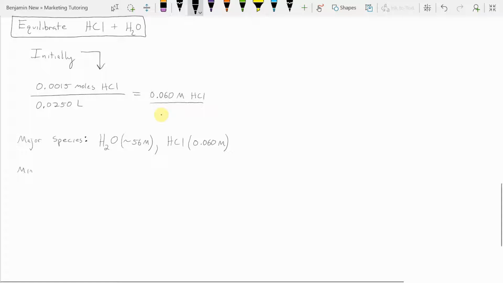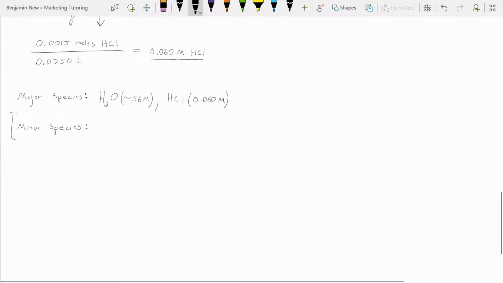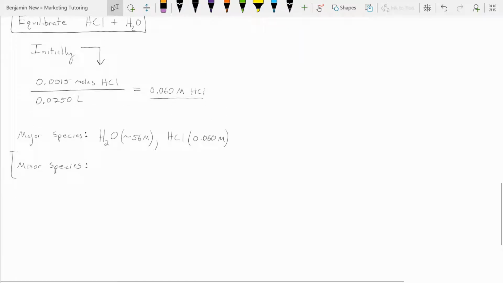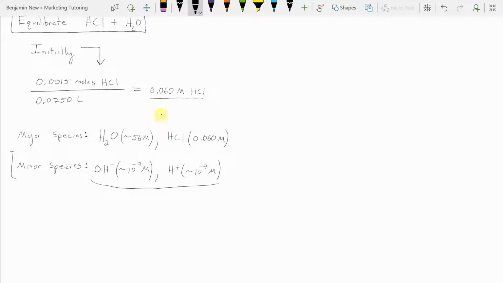Now, the minor species, I'll just put this in brackets. It is still important to understand because they're really still there. It's just that from a calculation standpoint, we don't really care that much about them because their concentrations are so small. So the minor species are OH minus, which is approximately 10 to the minus 7 molar, and H plus, which is also approximately 10 to the minus 7 molar. You might ask, where do these come from? Well, this just comes from the dissociation of water.